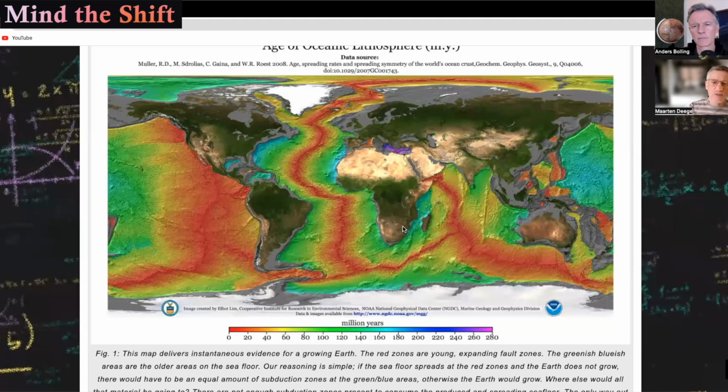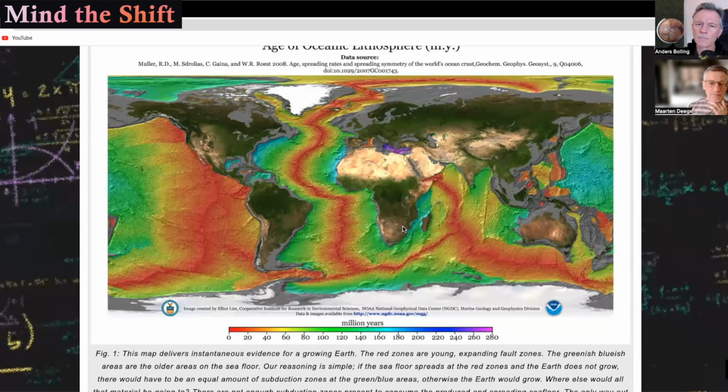Because when you want to time an expanding Earth with this model, you cannot use the time bar at the bottom of the map. Why not? Because you're comparing apples with pears. What you can say for sure is that red belongs to red, from the same era, the same magnetic orientation, and green belongs to green, to keep it simple.